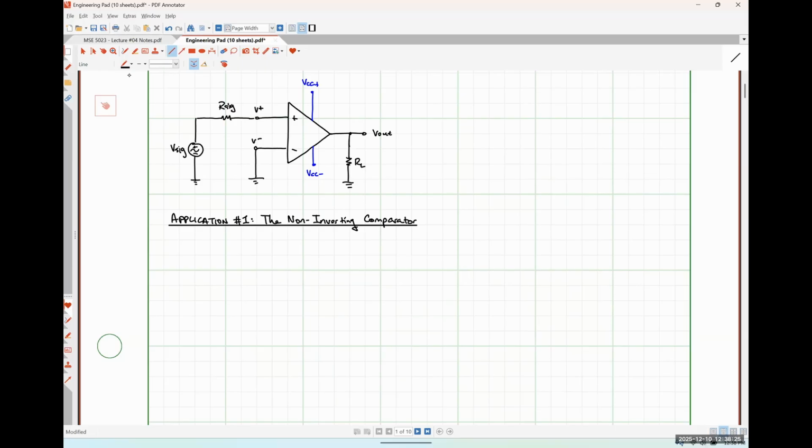Okay. So the non-inverting comparator circuit, I'm about to draw it, is essentially the exact same thing I drew up here, except that we are going to include a reference voltage. Okay. So I'm going to start with my op-amp portion of the circuit here.